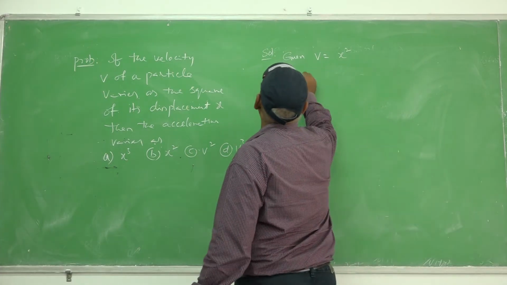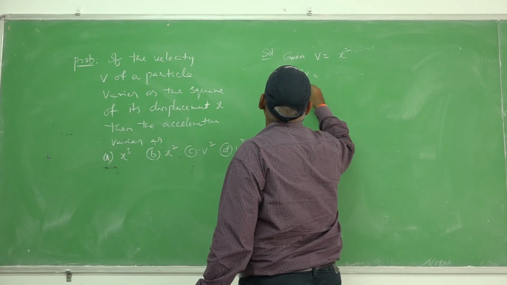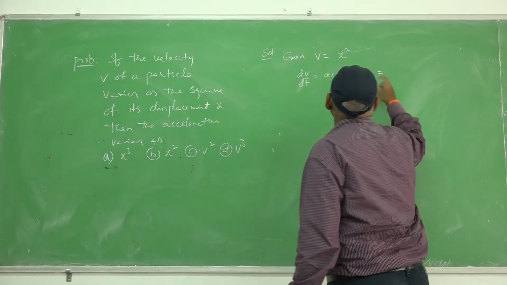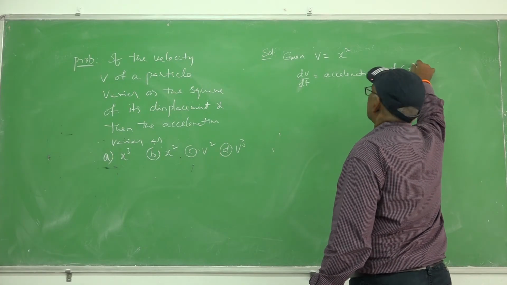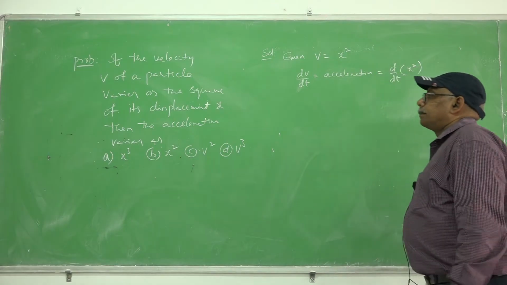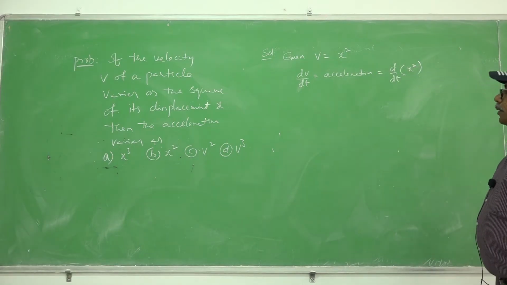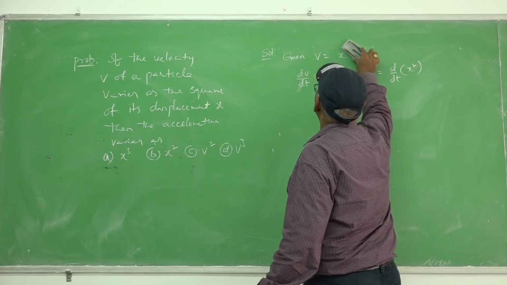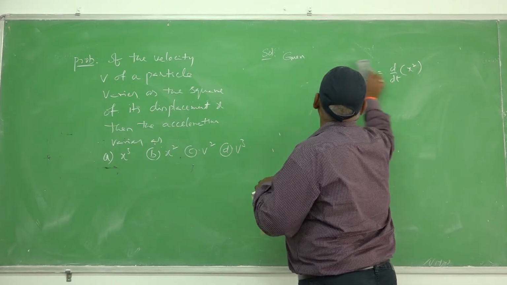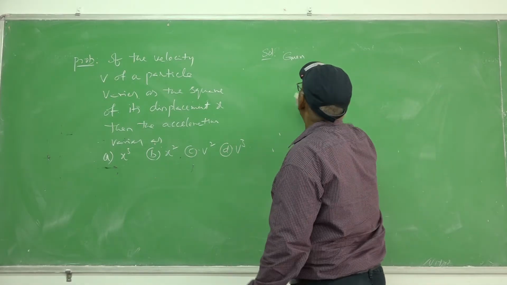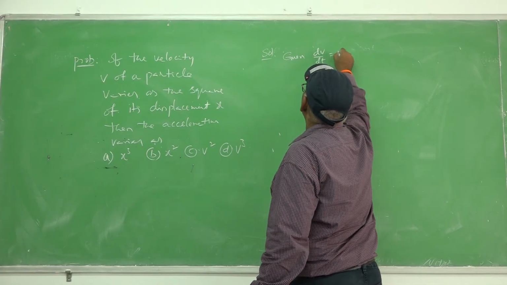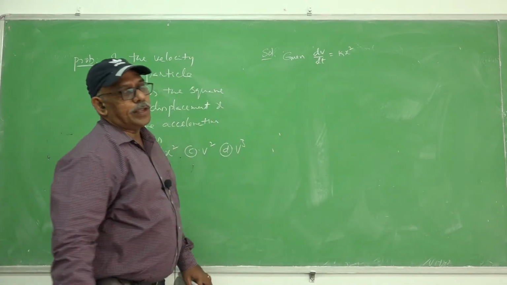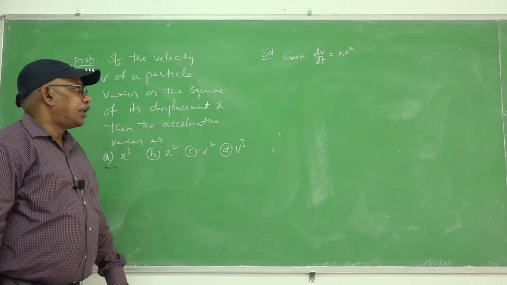Acceleration means dv by dt. Here v varies according to x square, so dv by dt is according to some constant into x square.